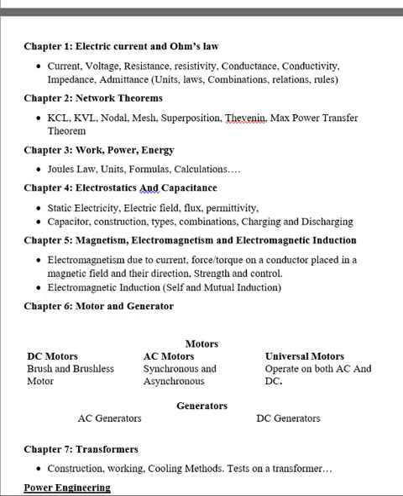In this chapter, we will be studying current, voltage, resistance, resistivity, conductance, conductivity, impedance, admittance, their units, their formulas, and their laws, and their combinations, either series or parallel combinations, and their relations with other physical parameters like temperature, length, cross-sectional area, and rules related to them.